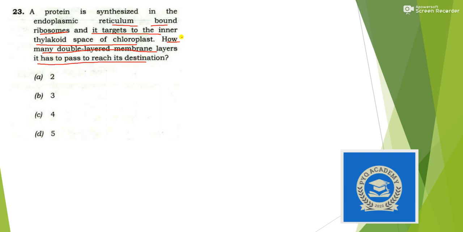A very tough question, because this is not given in NCERT up to class 10. It must surely be given in higher NCERT, but I haven't gone through 11th 12th biology. Here the answer is option C. In the official answer key, the answer is option C.